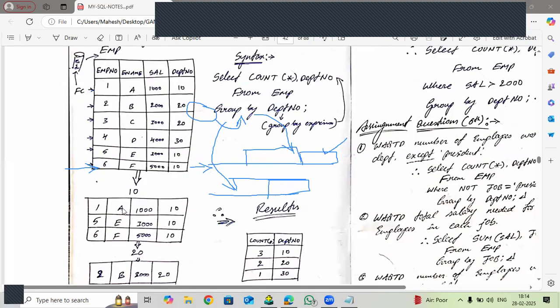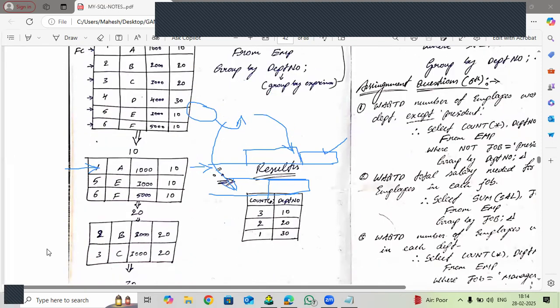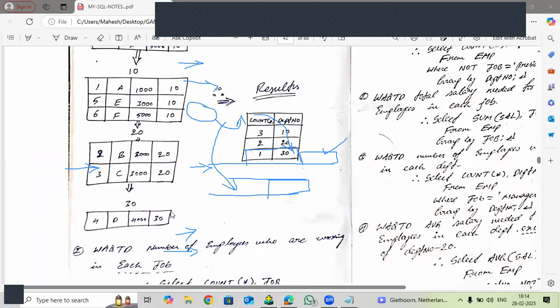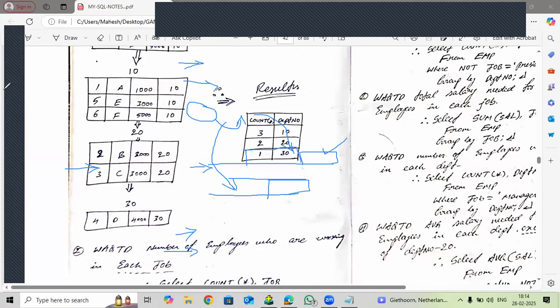Department number 10. Again, department number 20, separately. Again 20, same 20. 30 at last.